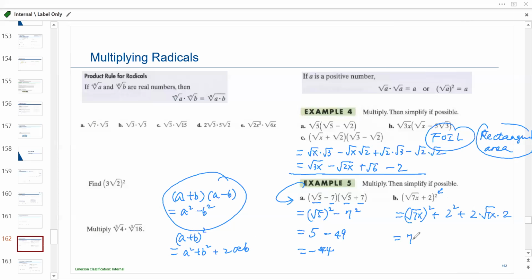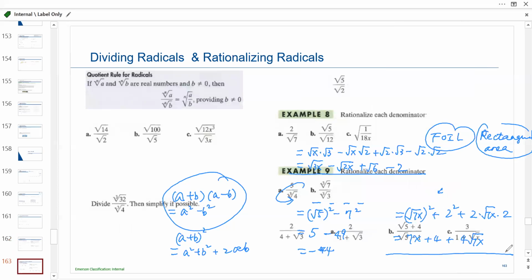So here 7x plus 4 plus 4 square root 7x. That's it. So it's the same situation as our earlier knowledge, just a little bit different. It just has some radicals, like the simplification process, we use the radical information. So we do the multiplying.